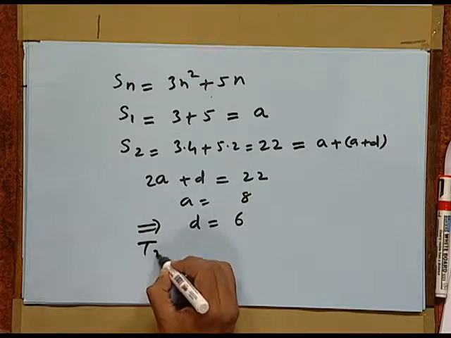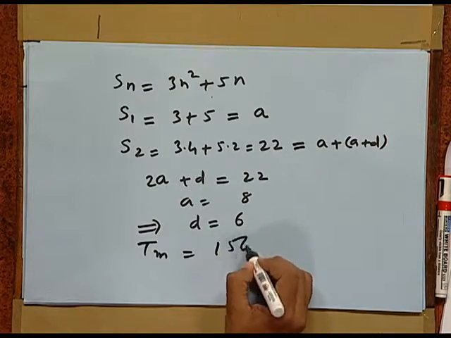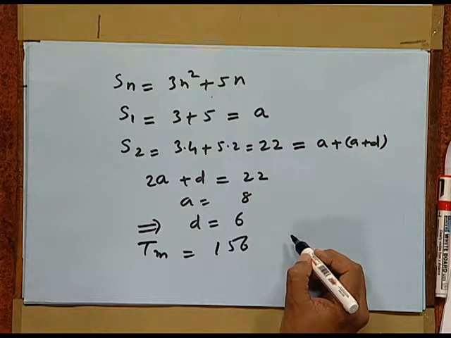Now that we know both a and d, we can find the whole thing about the series. Now suppose in this series we have to find the term which gives 156. That is, we are given that Tm is 156 and we have to find m.